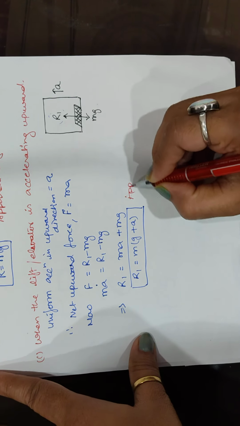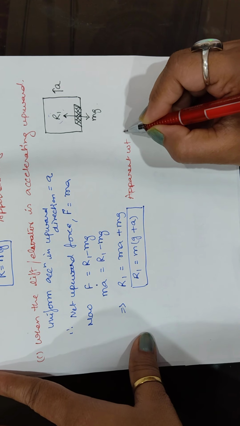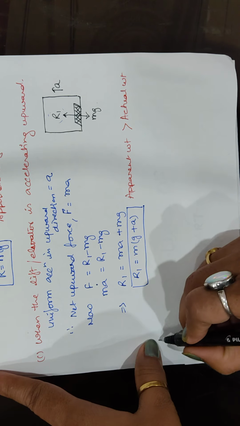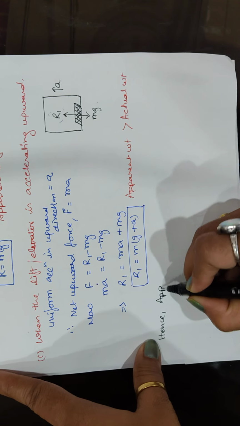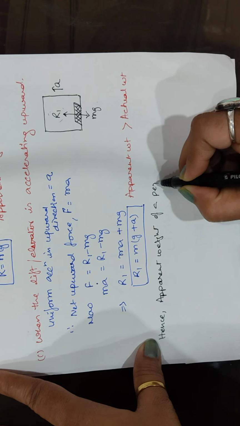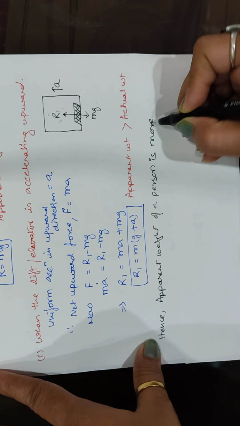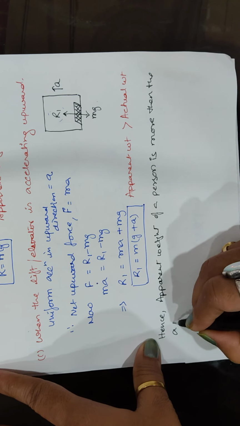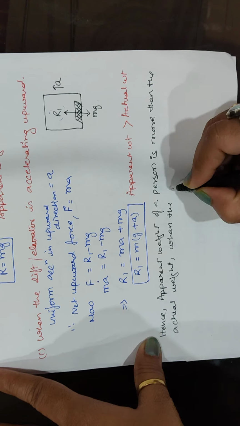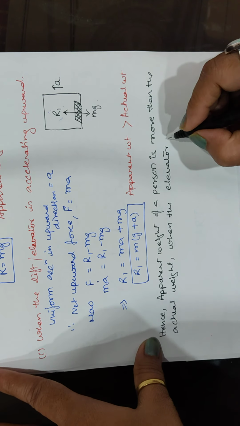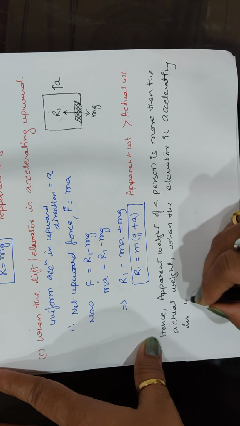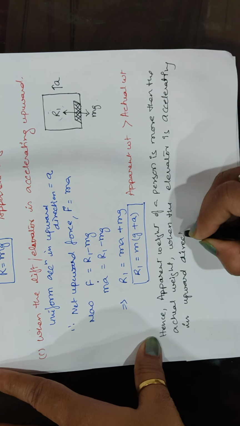Here the apparent weight is greater than the actual weight, or you can write, hence apparent weight of a person is more than the actual weight when the elevator is accelerating in upward direction.